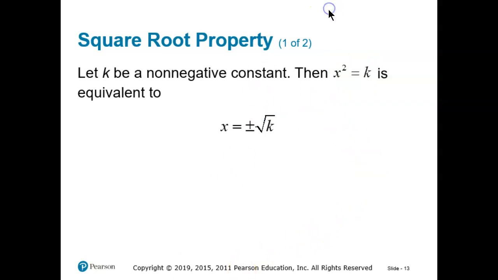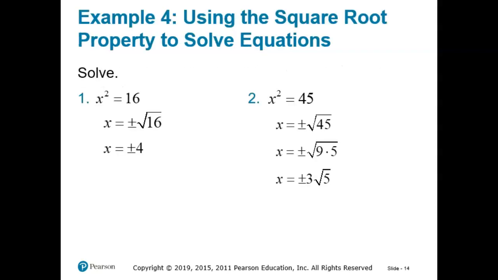So that's important to remember. Otherwise, you're going to miss 1/2 of your solution because it's going to have a positive and a negative answer. So looking here, if we were to find x squared is equal to 16, we know that x could be a positive 4 or a negative 4, because if we go backwards and we square 4, we know it's 16.